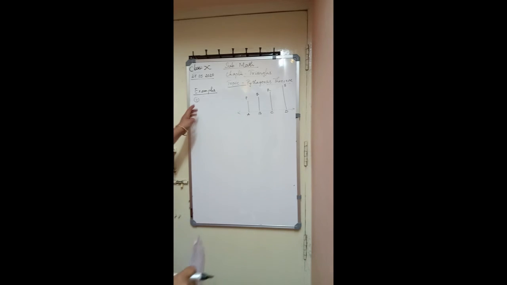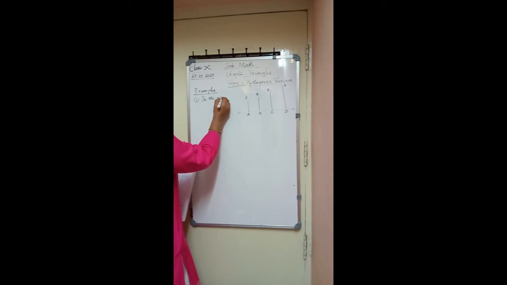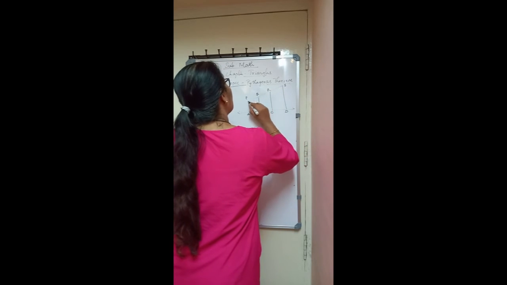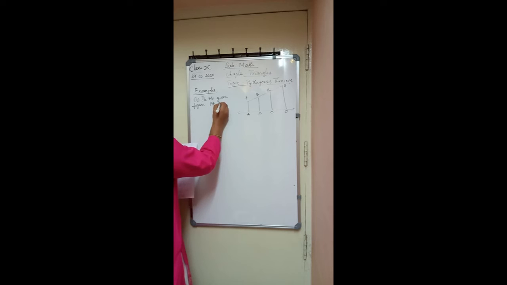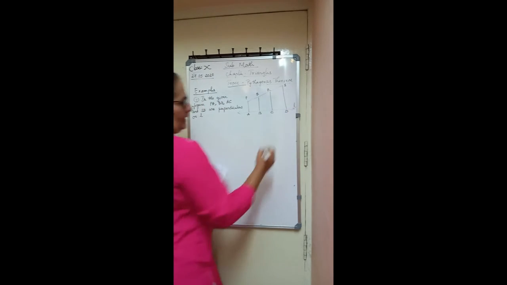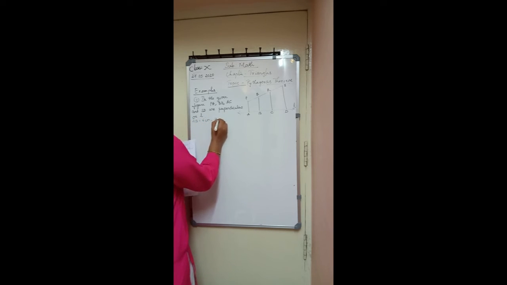Now, next example, sixth example, figure is given. You have to find in the given figure, PA, QB, RC and SD are perpendiculars on L. So this line is L, perpendiculars on L, and AB is given as 6 centimeter, BC 9 centimeter, CD 12 centimeter, SP 36 centimeter.